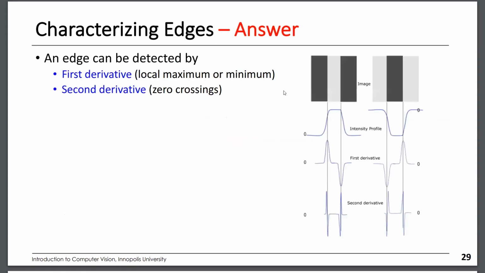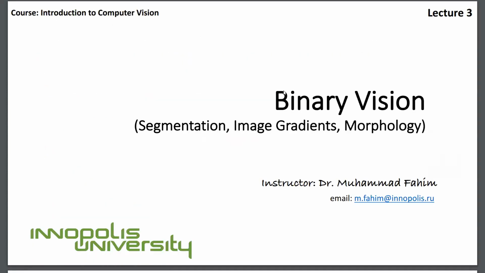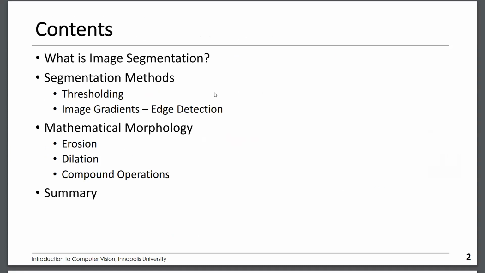Now let's go through a quick reminder. What we have seen so far is what image segmentation is. We have seen segmentation through thresholding, starting with global thresholding, and then we saw that it's difficult to find the global threshold.